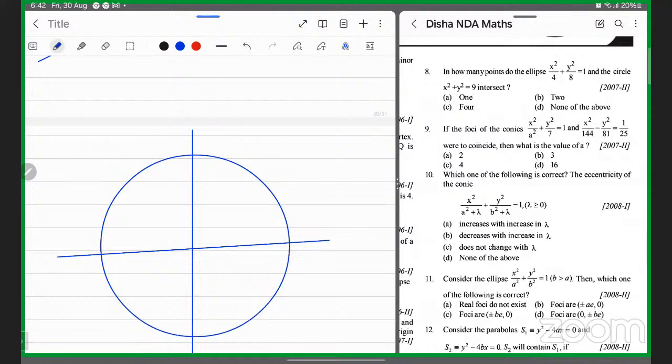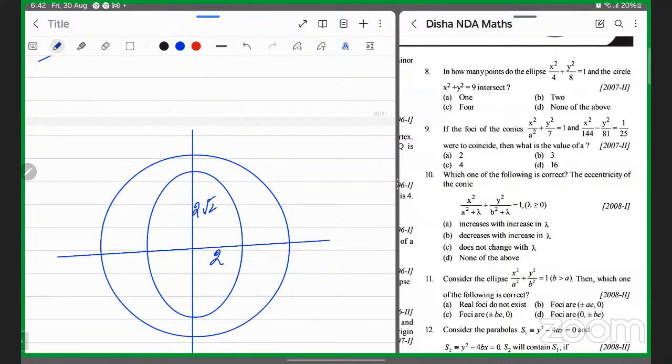And this is the ellipse, a vertical ellipse, where the vertical length is 2 root 2 and horizontal is 2.